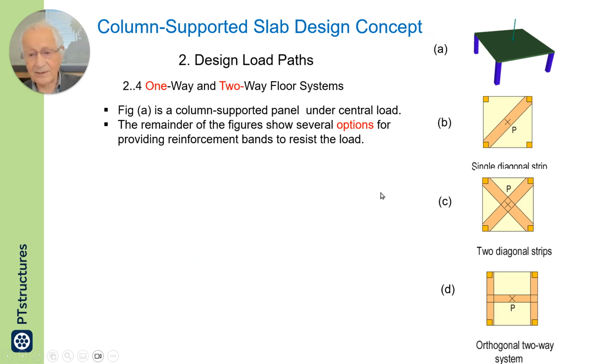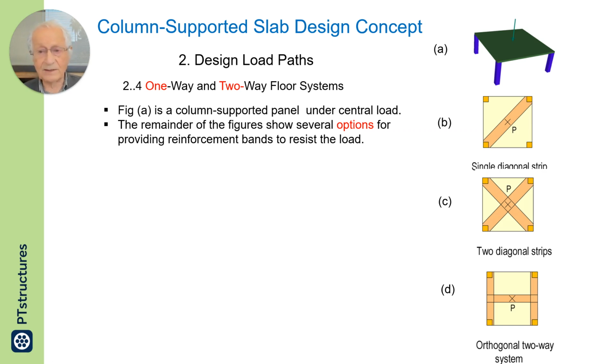Now let us look at these diagrams one more time to first define one and two-way flow systems. This one and two-way flow system is based on the prescriptive method of the code.